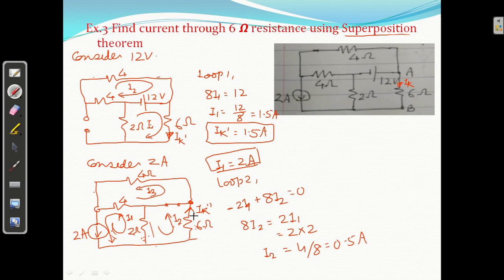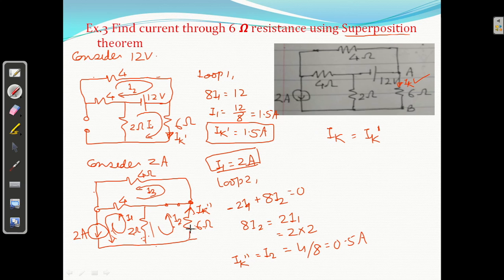And I2 is nothing but IK double dash. No need to write the equation here. So I got IK double dash. Now actual current IK. Just here I have taken IK direction downward. So IK equal to what? IK dash.